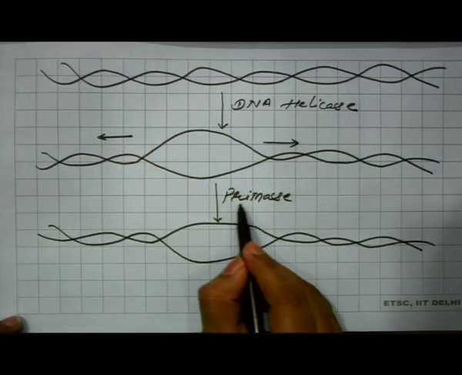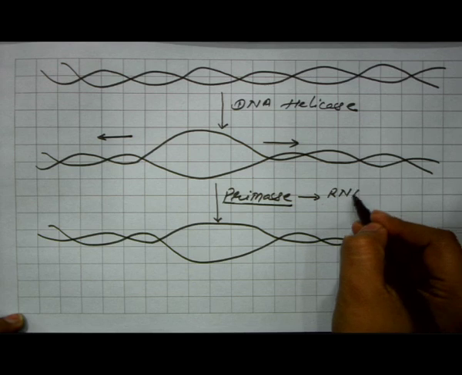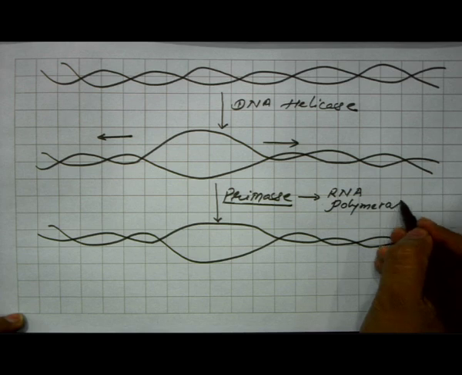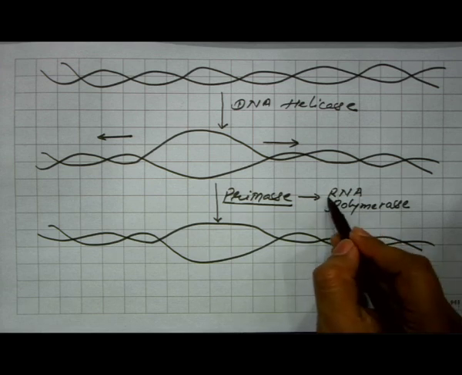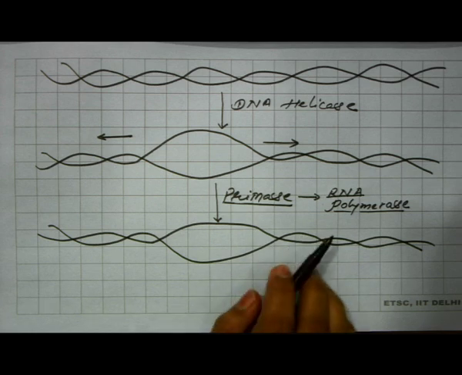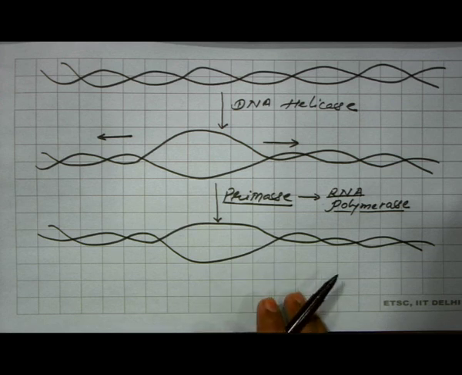Now, what is this primase? Primase is one of the types of RNA polymerase. The details of this enzyme we will learn in the chapter on transcription, but here I should tell you this: RNA polymerase is able to synthesize RNA nucleotides without the help of any free 3' end, without the help of a 3' OH group.